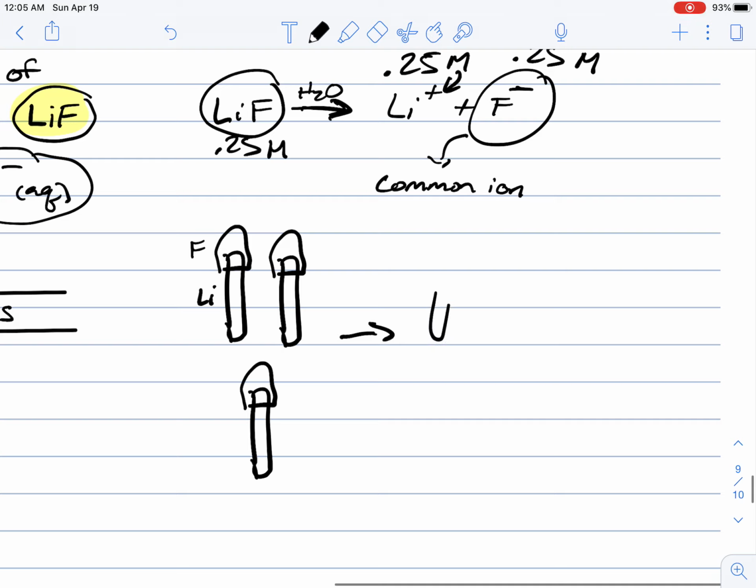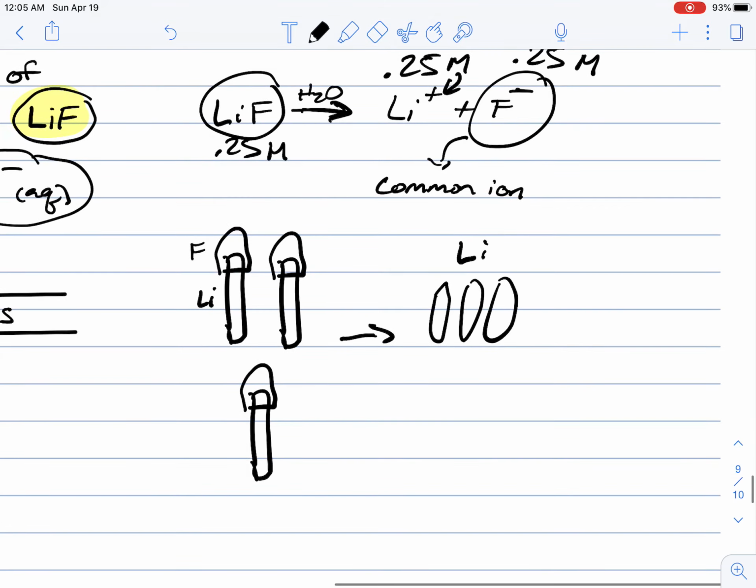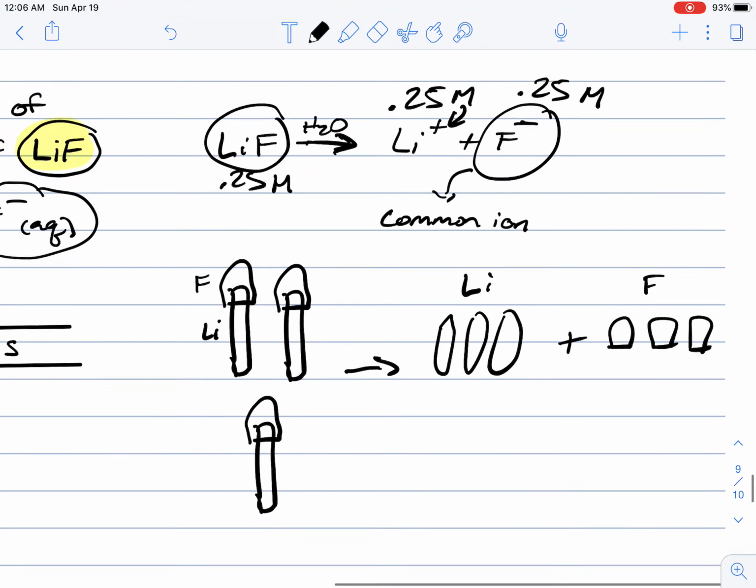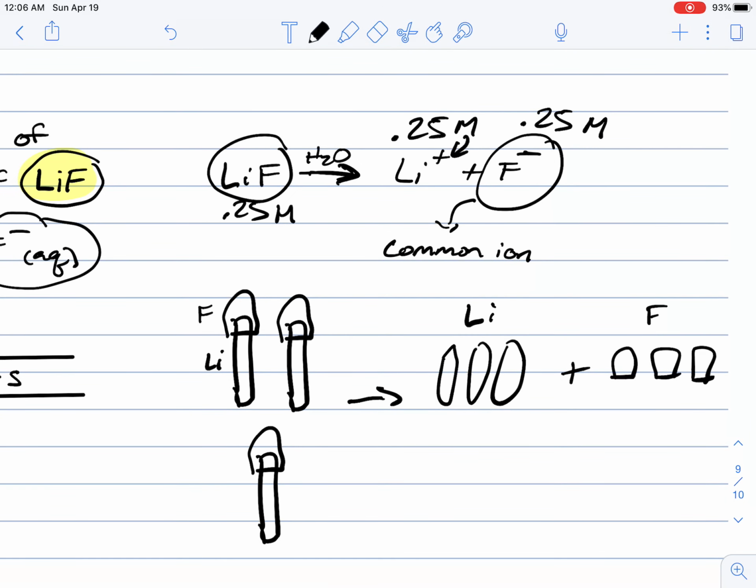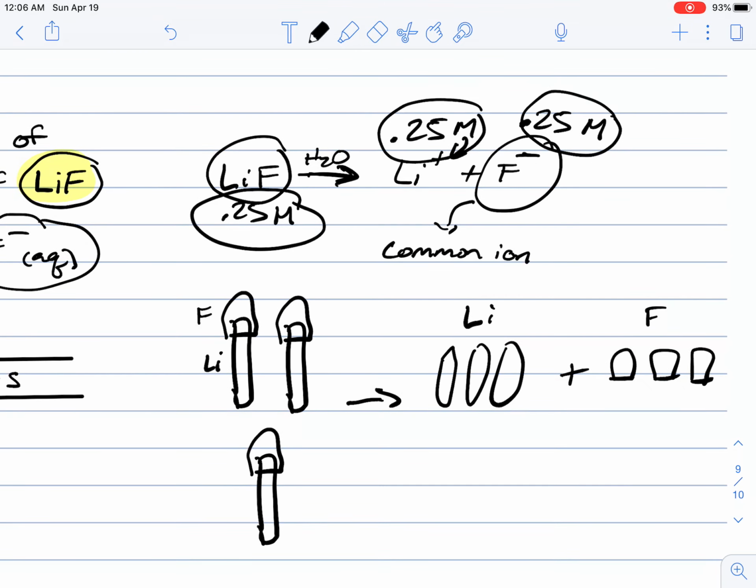And so the result is that you will get 3 pens, which is going to represent lithium, and you also get 3 caps. That represents fluoride. And so if you have a 0.25 molar concentration of lithium fluoride, when it dissolves, it will produce 0.25 molar of lithium and 0.25 molar of fluoride.